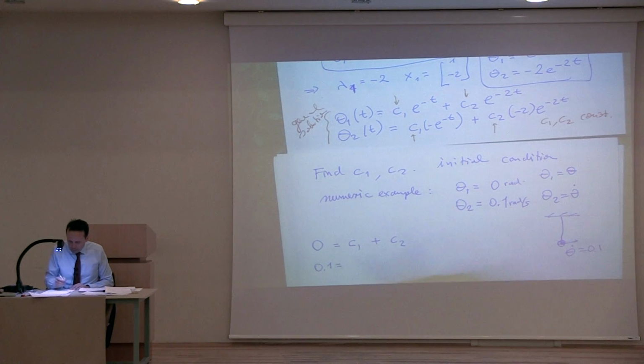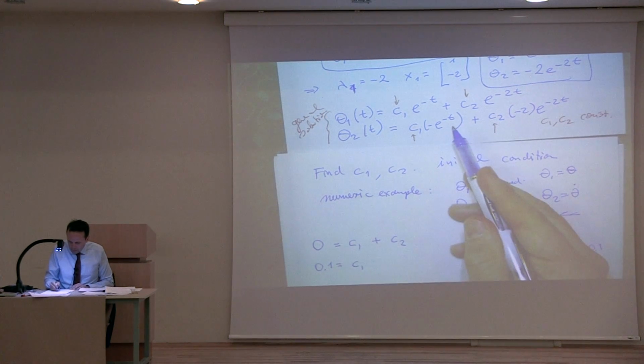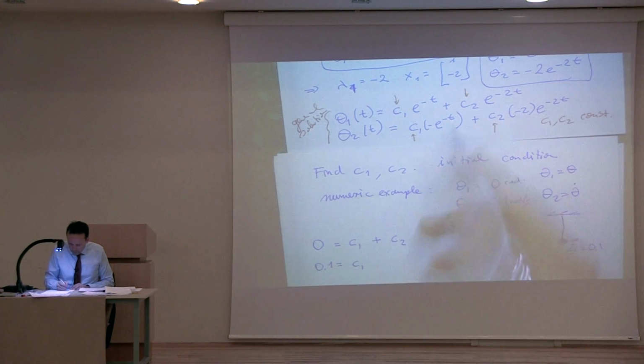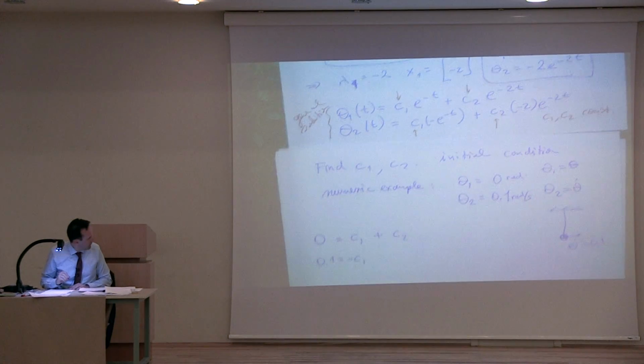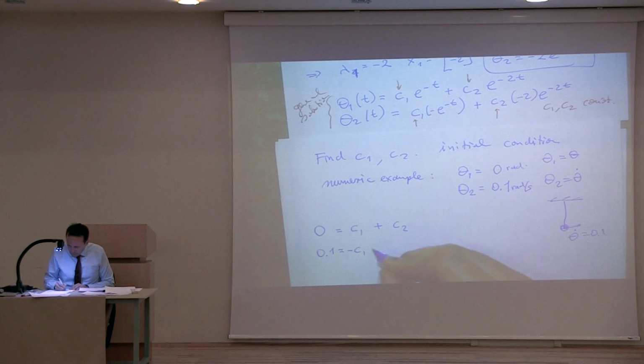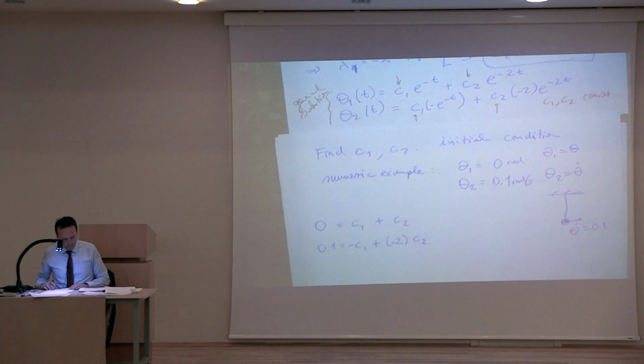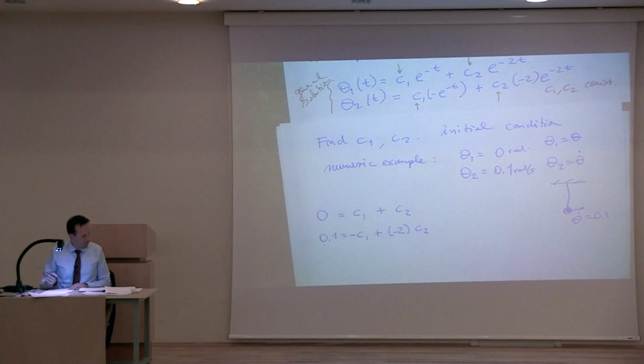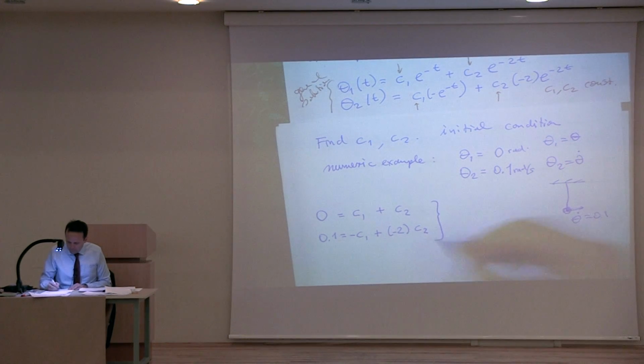Second one, 0.1 will be equal to C1 times minus 1, plus minus 2 C2. Okay? Two equations, two unknowns. I should be able to solve this.